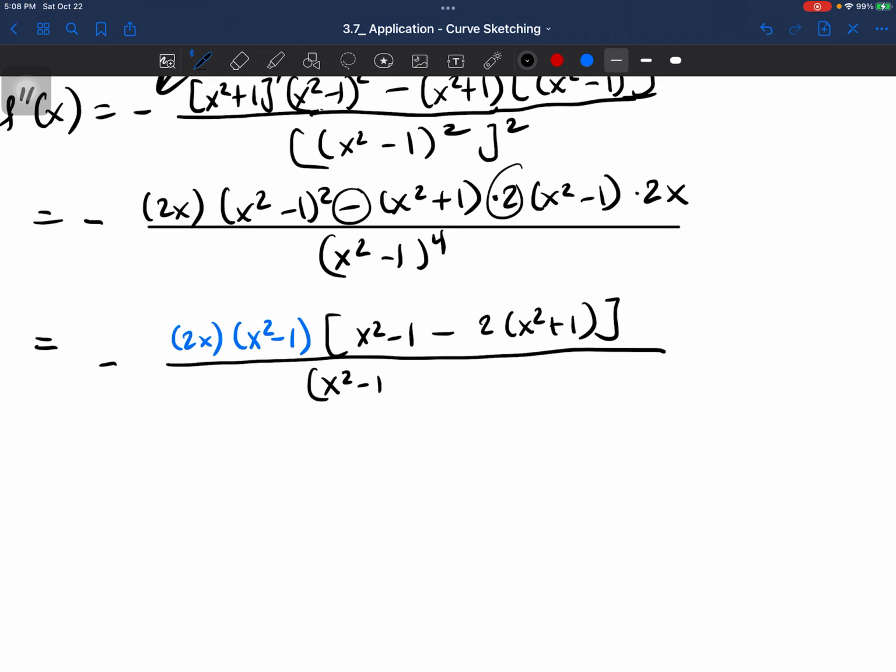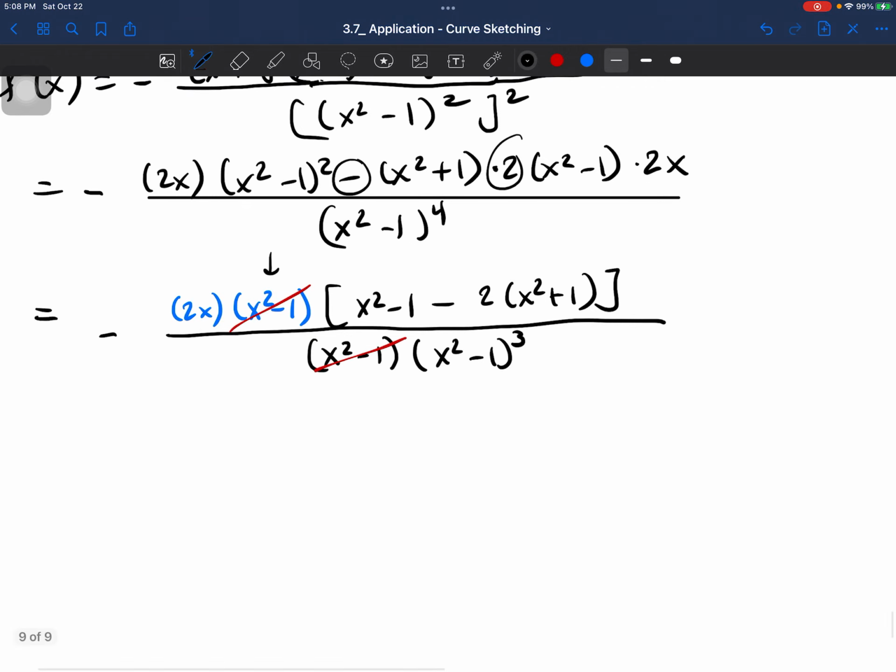So this and this, because we factored these two. Let's close the bracket. And since we already factored one of them, we're going to be able to factor one of them in the denominator as well. So there you go. Because here these two can cancel each other out, and we're left with minus 2x.